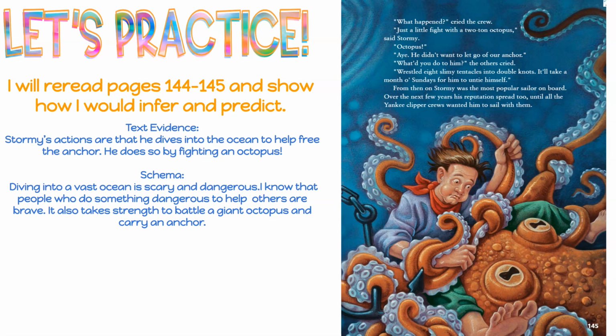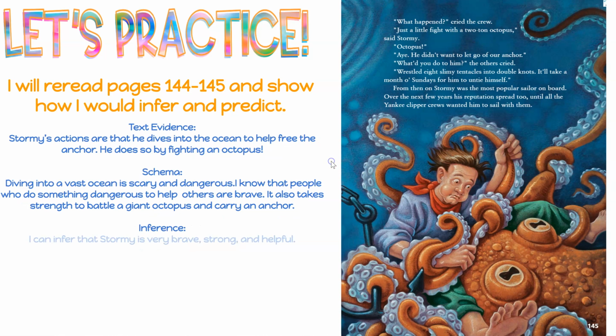I also know that people who do something dangerous to help others are brave. It takes strength to battle a giant octopus and carry an anchor. When I put what I see in the text and what I know in my brain together, I can make an inference. I can infer that Stormy is very brave, strong, and helpful.